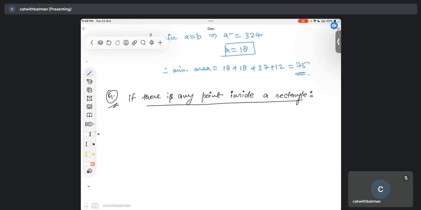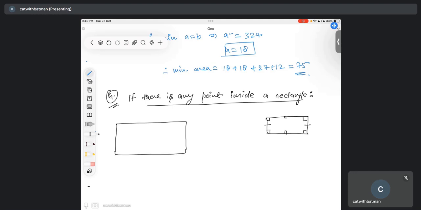I hope you know what a rectangle is. A rectangle is a figure like this in which opposite sides are equal, and the sides meet at 90 degree. This is a rectangle.